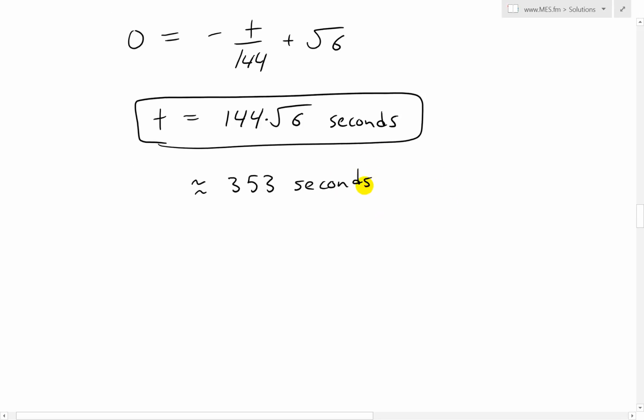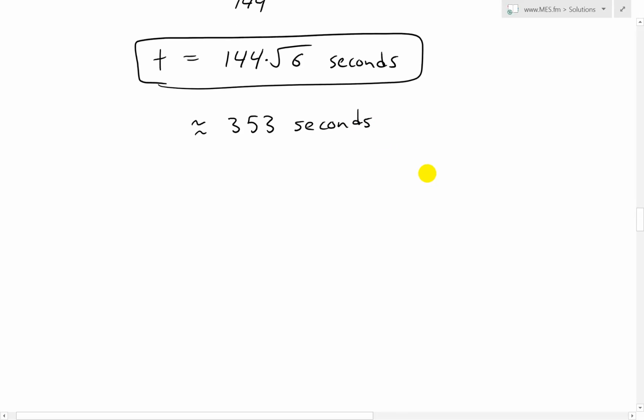And again, we're not used to counting in such large numbers of seconds. So how much is this in minutes? Well, we multiply by 1 minute over 60 seconds, because 60 seconds is in 1 minute, so we can cancel the units.